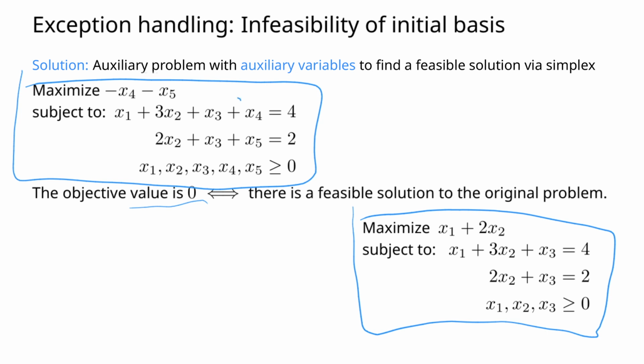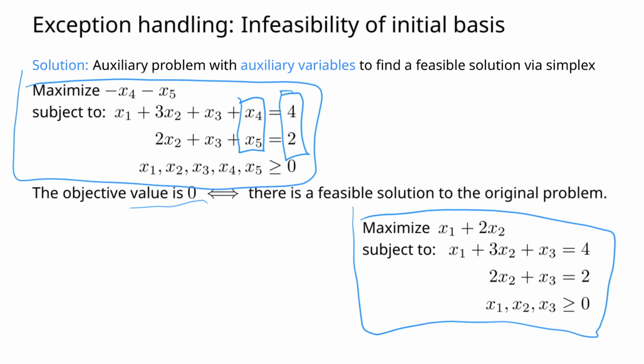We can use x4, x5 as our basic variables. Again, we have to be slightly careful. So it is important that these values here, that b is non-negative.